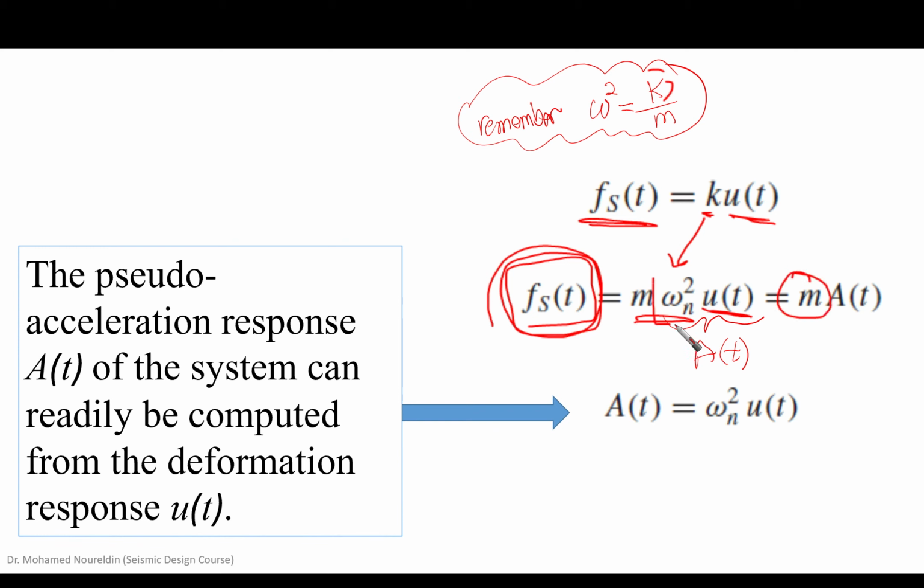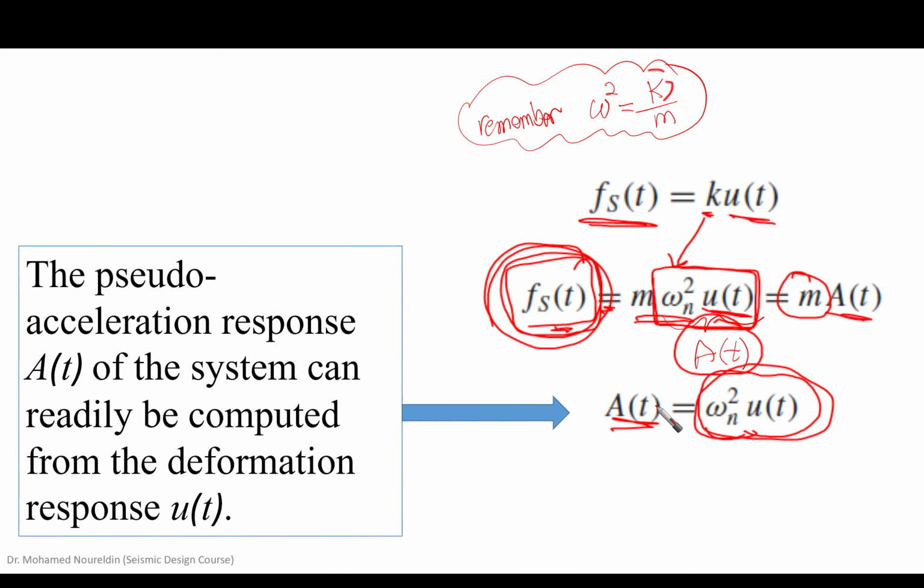So this part must be acceleration, because this is force. If we apply Newton's law, the force equals mass times the acceleration. So omega squared, the natural circular frequency squared, times u of t must equal the acceleration. We call it the pseudo-acceleration here. So a of t equals omega squared times u of t. Okay, as simple as that.